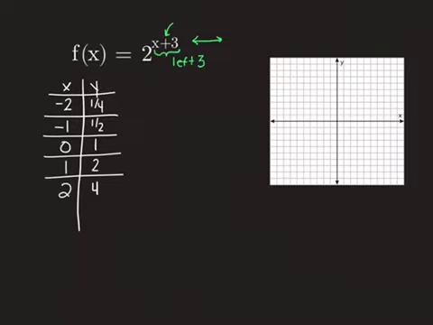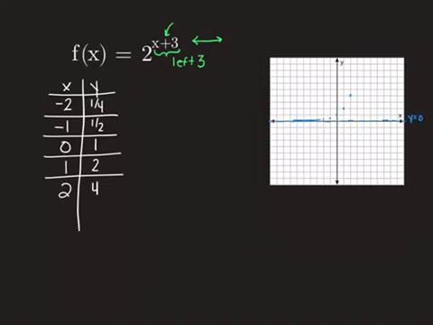So here are the same points that we used before. Let's start with our parent function. So we have negative 2, 1/4, negative 1, 1/2, 0, 1, 1, 2, and 2, 4 with our little asymptote at y equals 0.